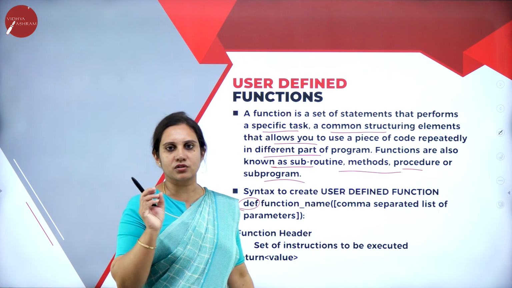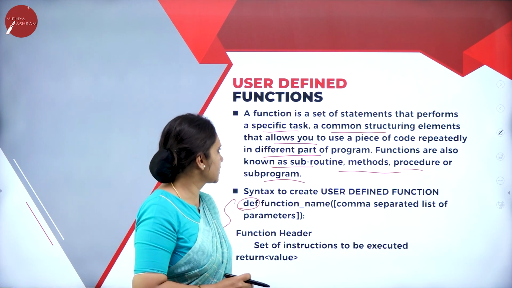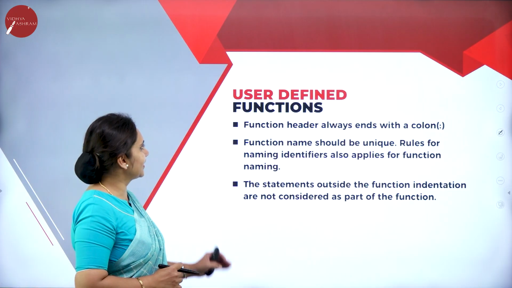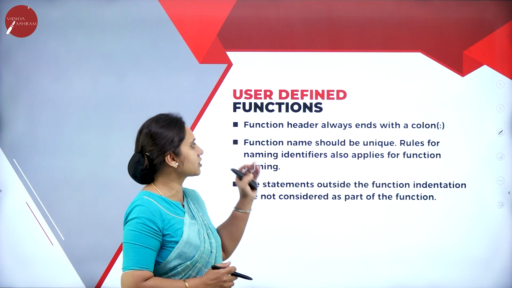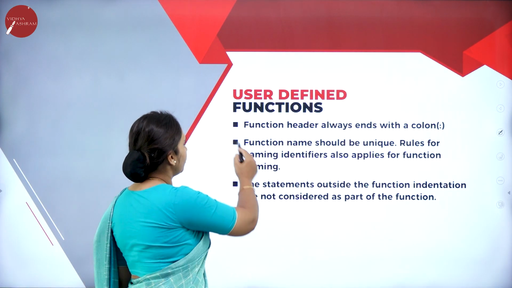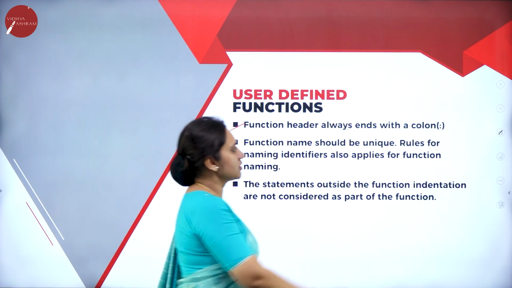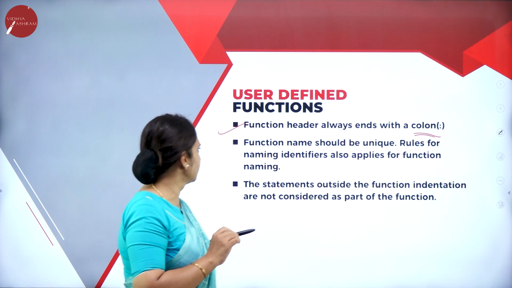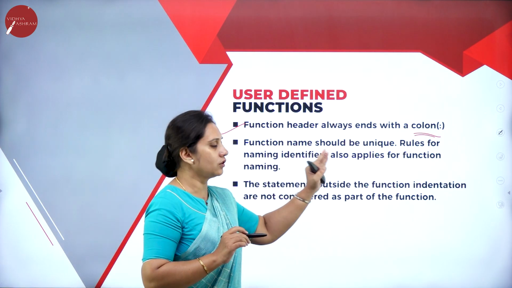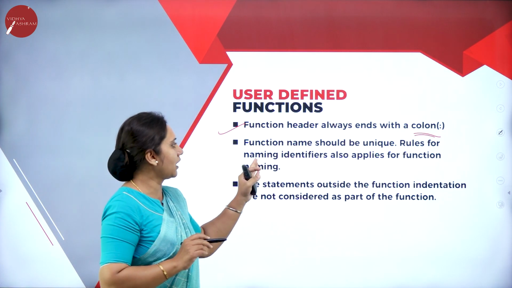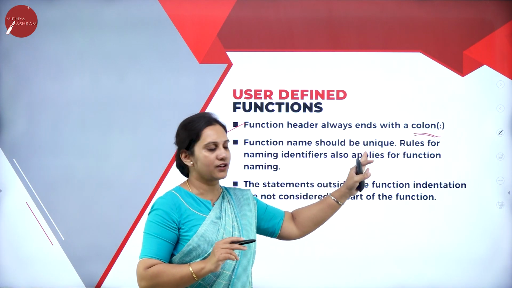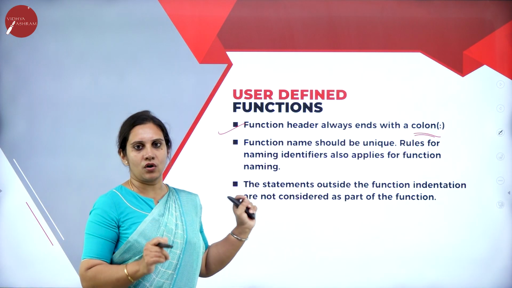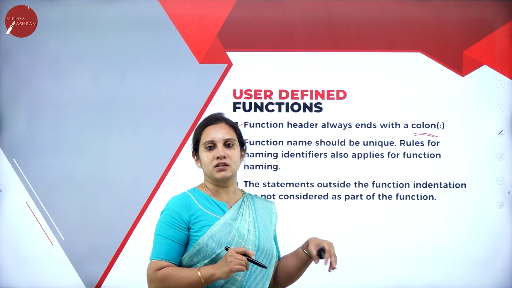def is the function keyword we are using here. In the next slide, you can see the function header always ends with a colon. It's not a semicolon, it is a colon symbol. The function name should be unique. The rules for naming an identifier also apply to function naming, as we discussed in chapter 6.